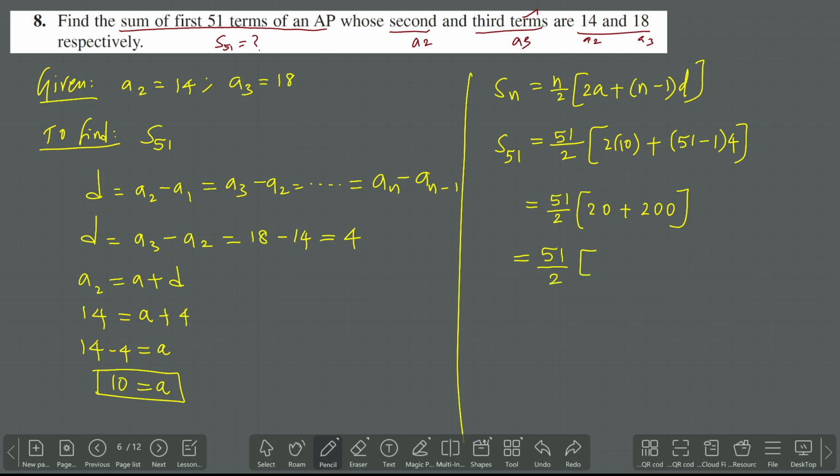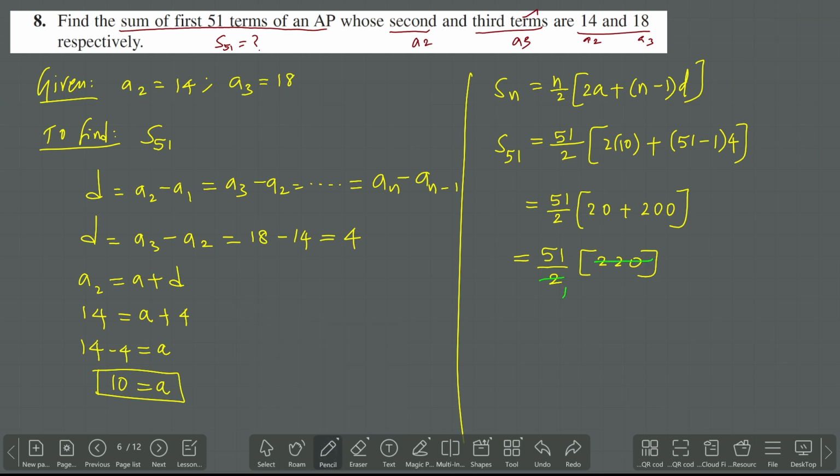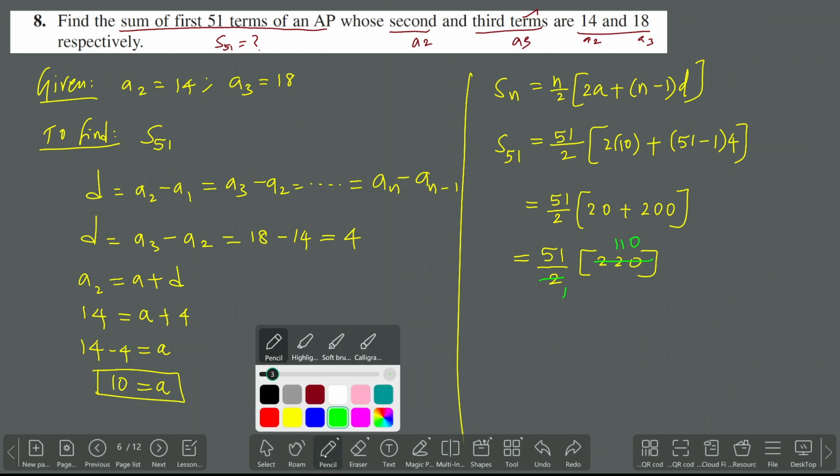So 51 divided by 2 times 220; now you can cancel, and we get 110.